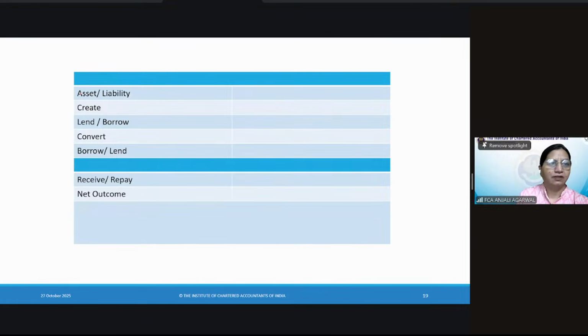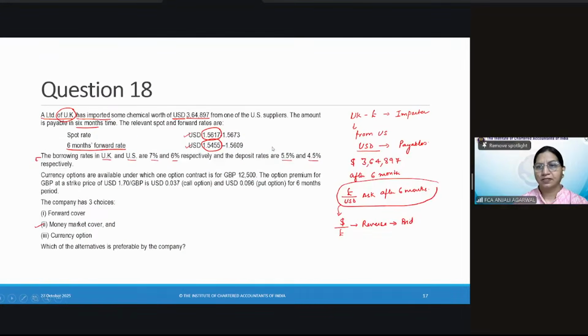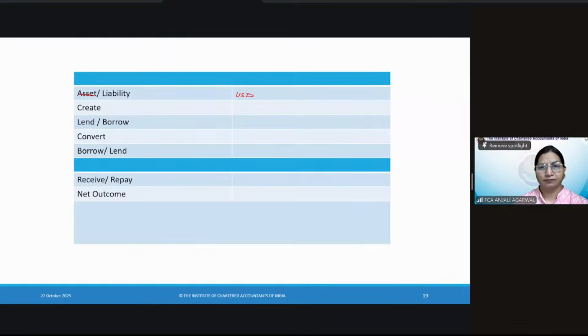We have a liability. How much? US dollar 364,897. So we will have to pay, let's create receivables.